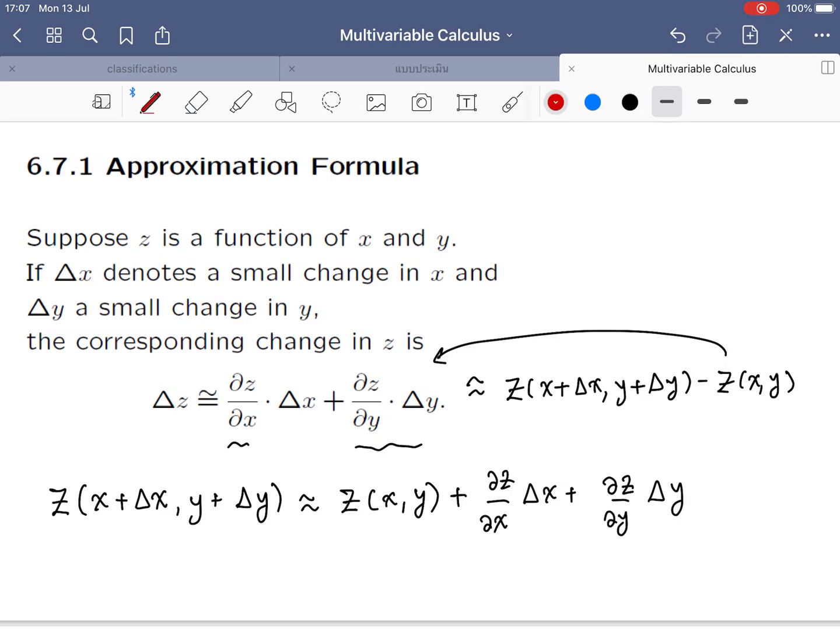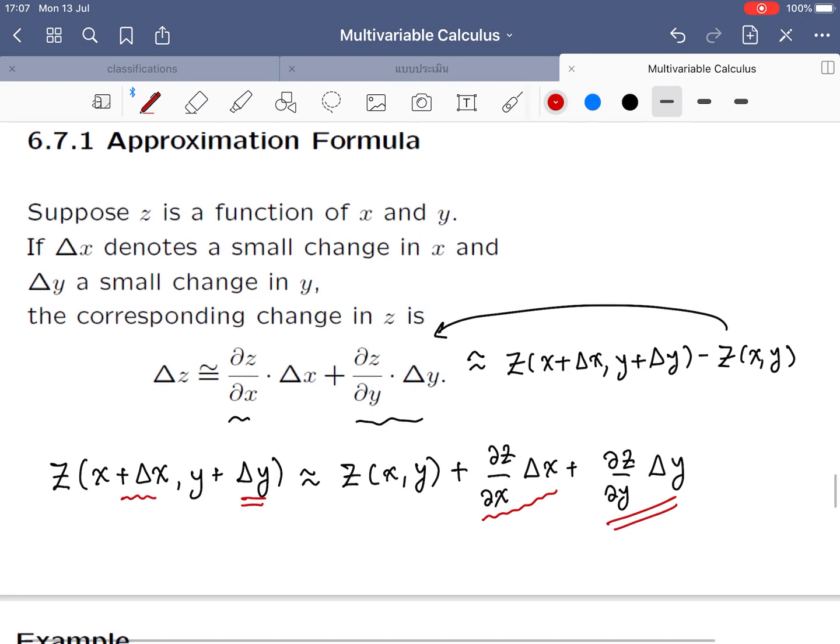So it simply means that a small change in x gives a little change in the x direction, and a small change in y has its effect in the y direction, added together.